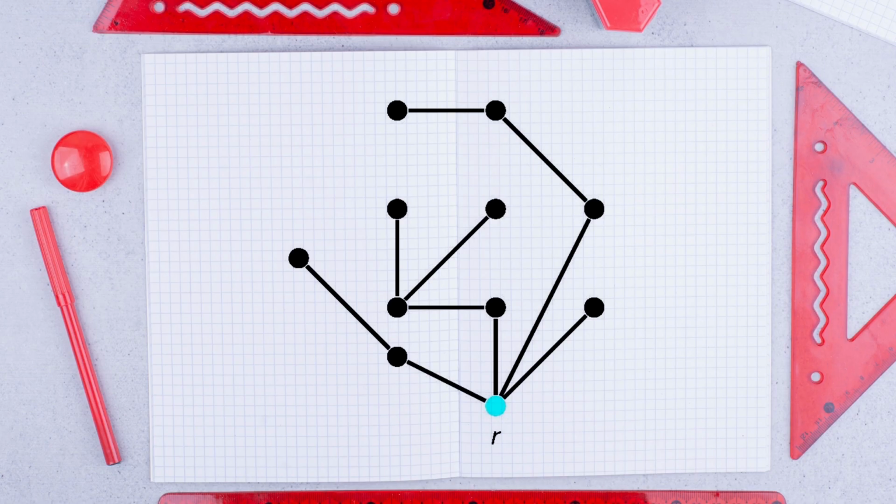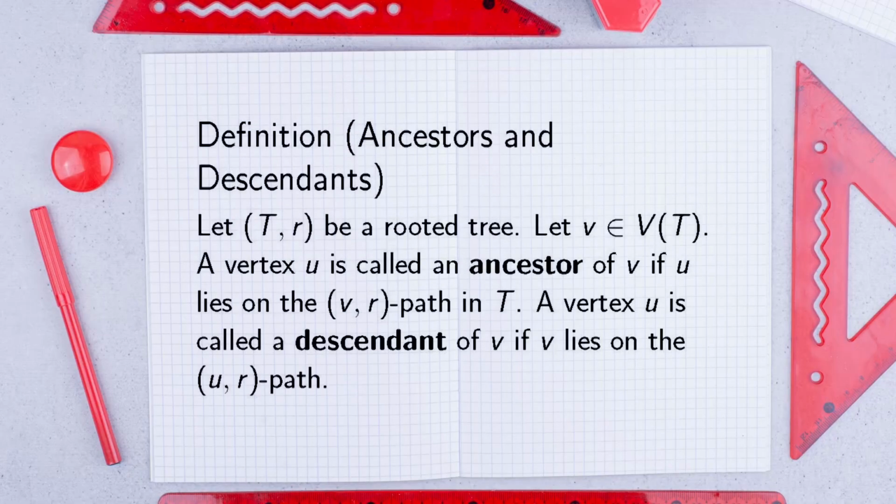This path is essential in determining many other notions, like the notion of ancestors and descendants of a vertex, or the notion of parent and child. So let's look at what these notions are. First we see what we mean by ancestors and descendants.